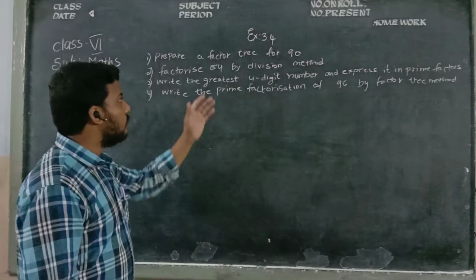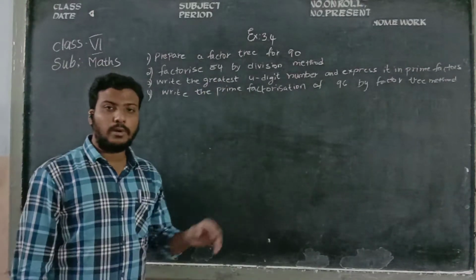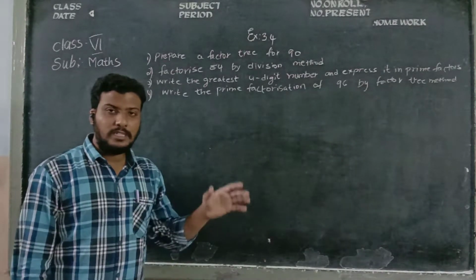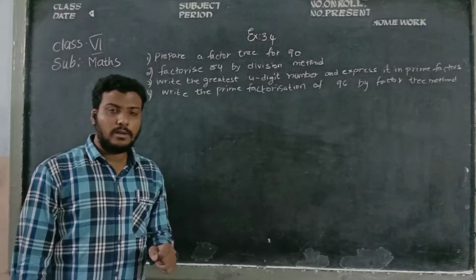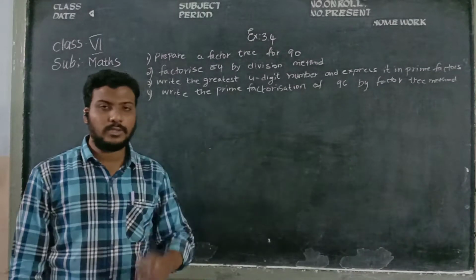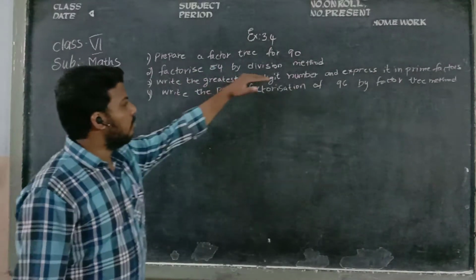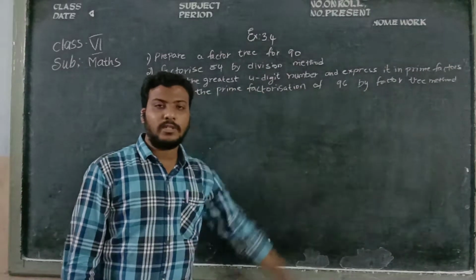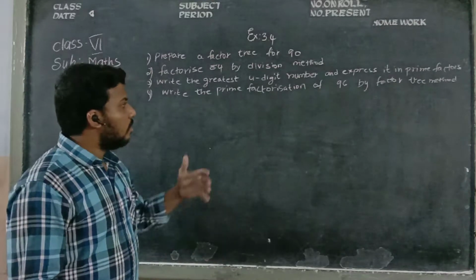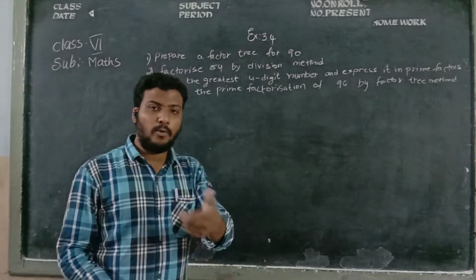But coming to exercise 3.4, you should know each and everything clearly, because it is the basis for the next class. 3.1, 3.2, 3.3 are just divisibility rules and concepts. But coming to 3.4, you are going to learn the factor tree method, division method, and prime factorization method. If you want to learn this, see the video about 2 times.